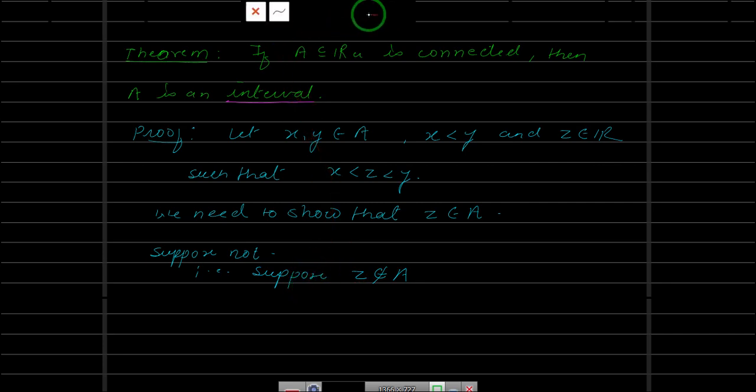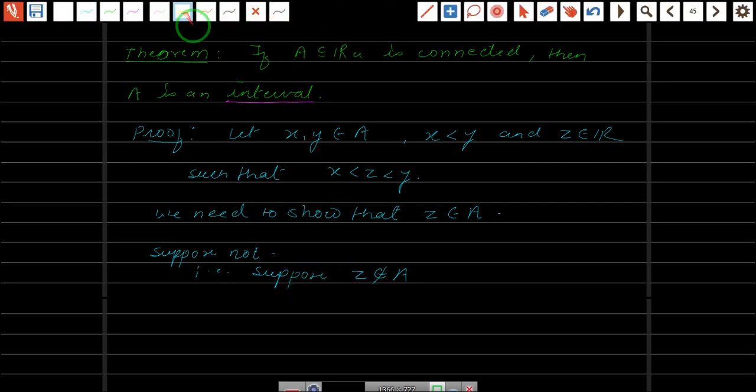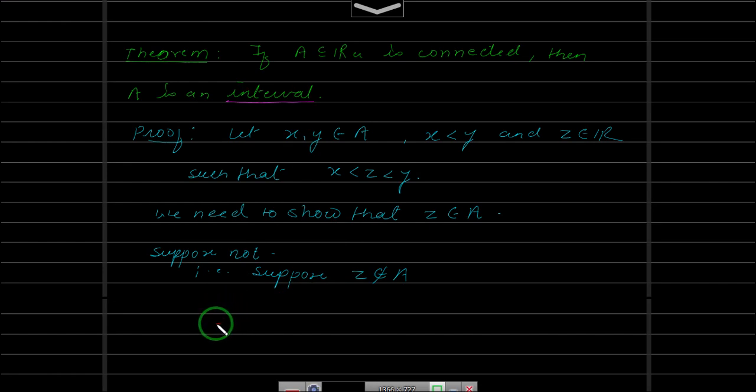Okay, but we have here the situation something like this. We have this R. In R we have x, we have y, x is less than y, and in between x and y we have z. And to be an interval, if you take any point between these 2 points, it should be in A, right?